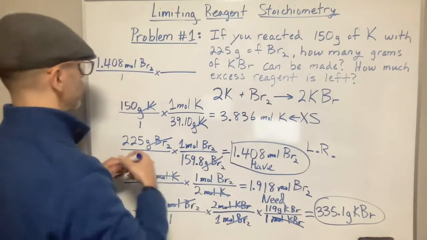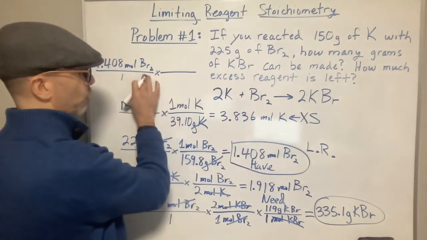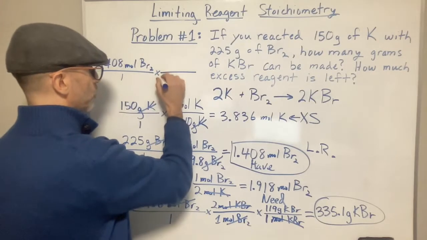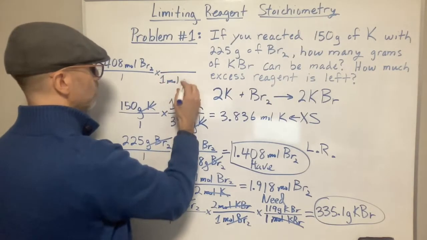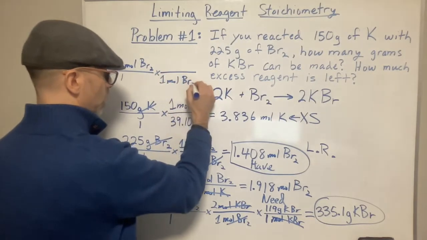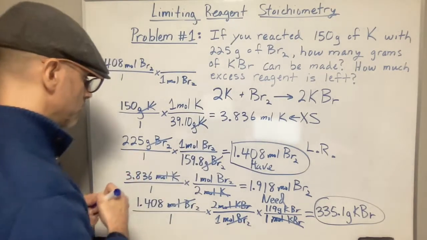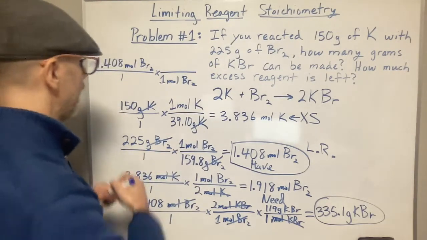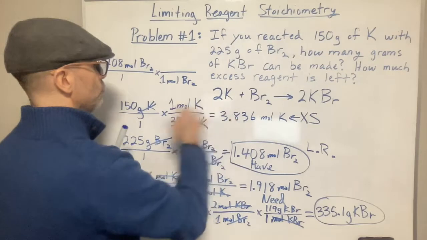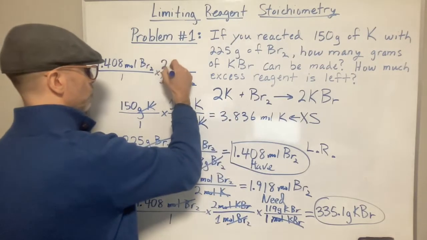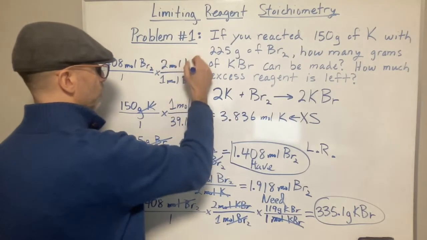So I have 1 mole of bromine, 1 mole of Br2, and I'm going to put 2 moles of potassium on top.